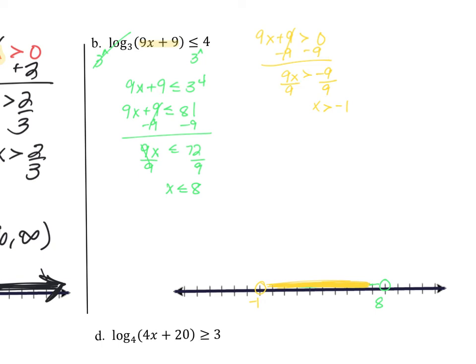Oh, and I forgot to color this in because it is less than or equal to. So when I do my interval notation, I have parentheses at negative 1 because parentheses go with open circles, and then I go all the way to 8, and it's going to have a bracket because it's closed. All right, so that would be my answer there.